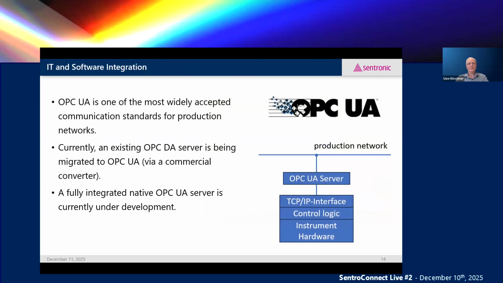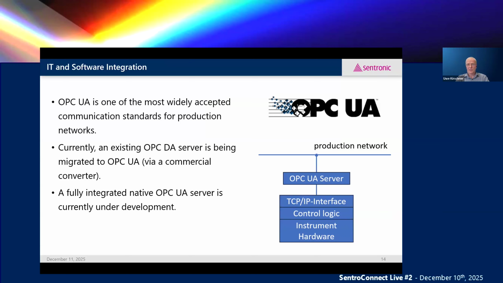One of the advantages we see for the future is enabling a more seamless integration of the systems into industrial and production networks. OPC UA is today a very accepted and commonly used interface, and in the pharmaceutical industry widely deployed.